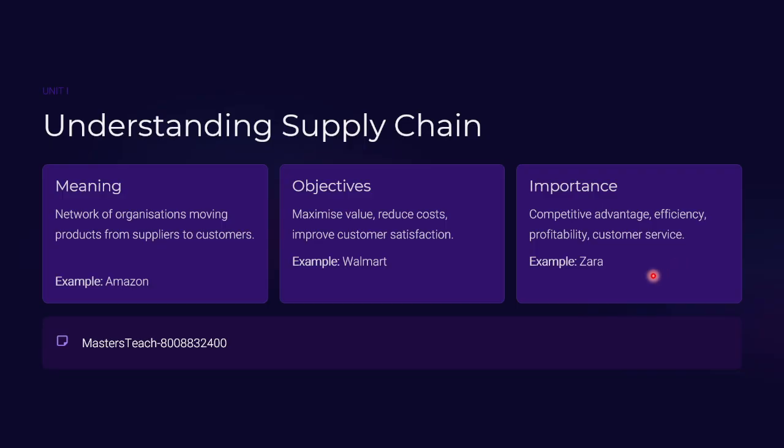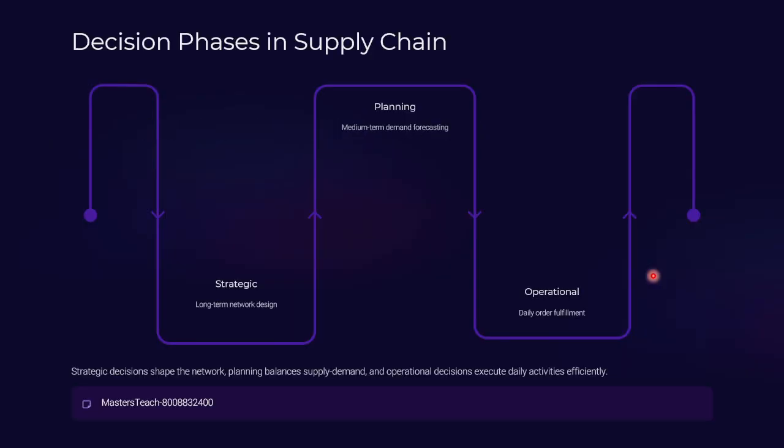Example, Zara. Okay, so in order to make the supply chain decisions, there are three types of decisions you can say. One is strategy, that means long term network design, for example machinery, plantation, where to produce and all the stuff.